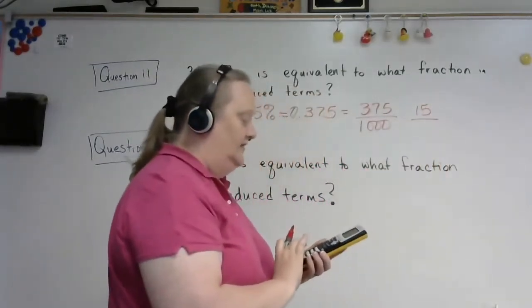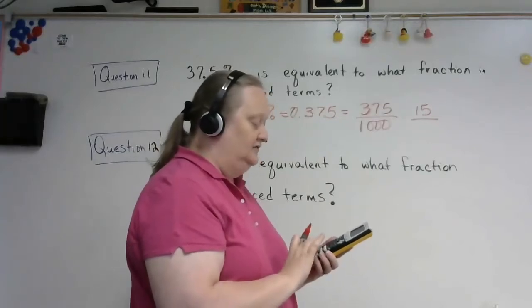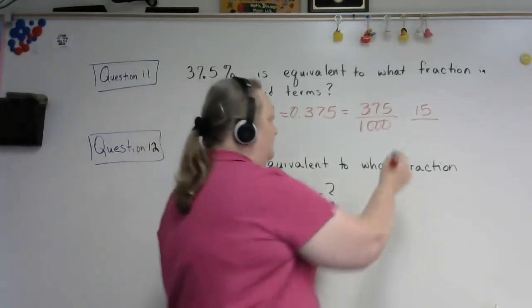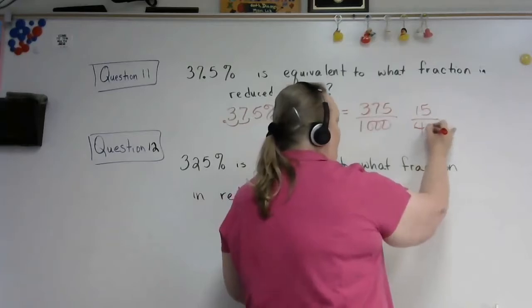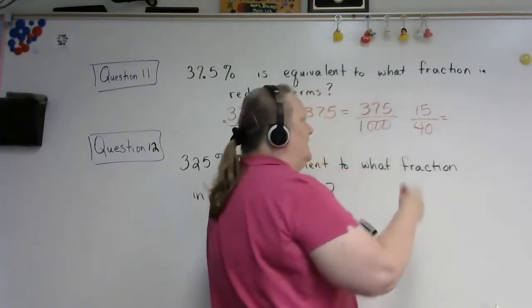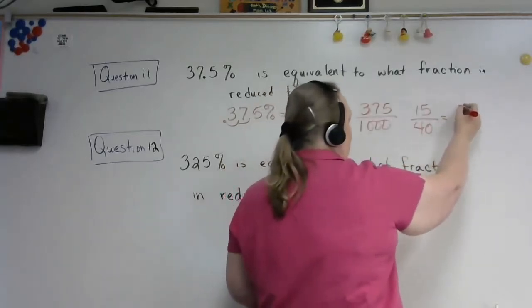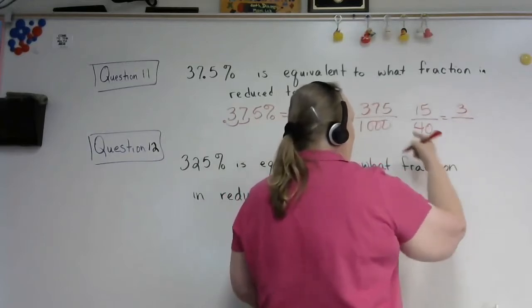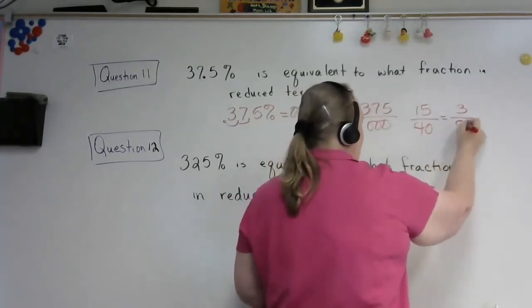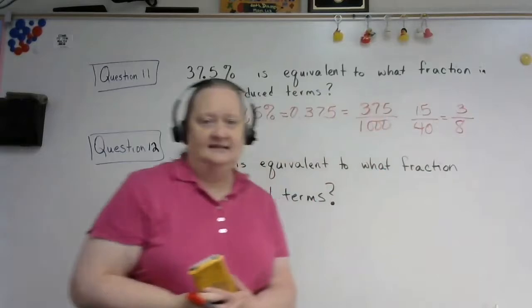And 1,000 divided by 25 gives me 40. And 5 goes into both of those. 5 goes into 15 3 times. And 5 goes into 40 and gives me 3/8.